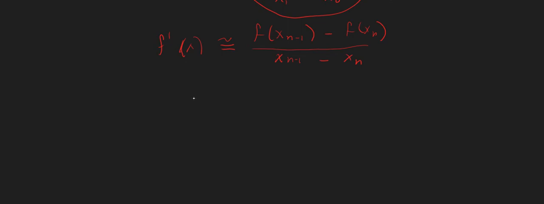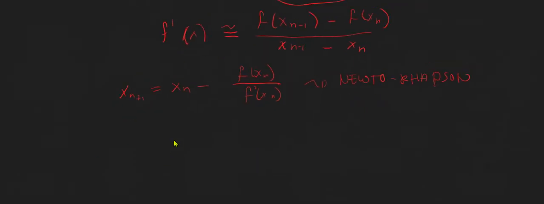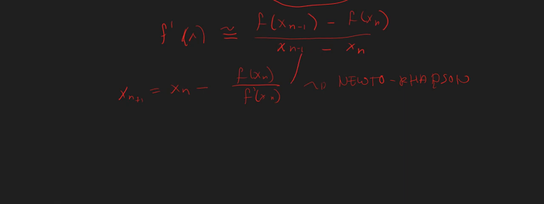So our Newton-Raphson formula is xn plus 1 equals xn minus f of xn all over f prime of xn. So this is the Newton-Raphson or Newton method. Now, instead of the derivative of f, we will insert this one here.